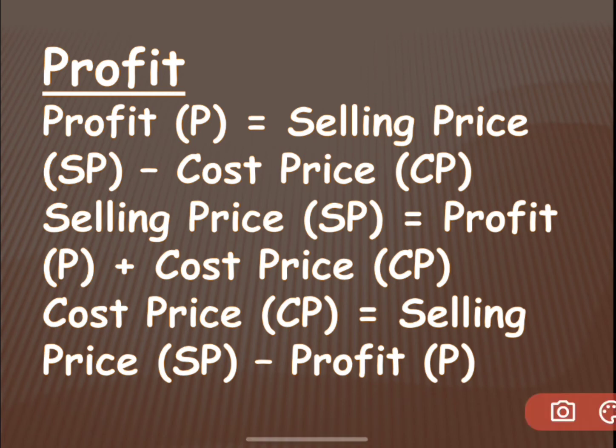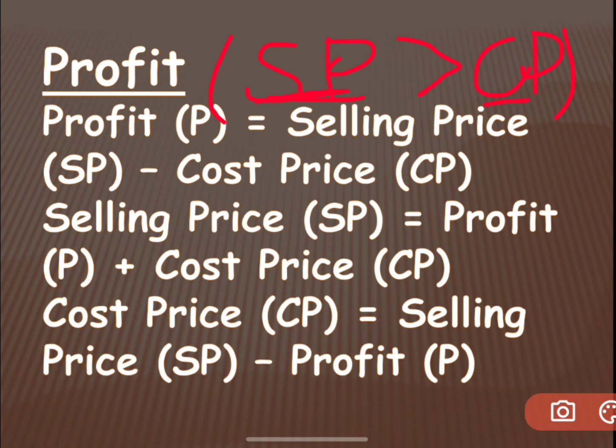When will you get the profit? When selling price is more than cost price. Selling price means the amount you got when you sold that thing. Cost price is the amount you spent on the thing. Okay, children, don't get confused. When the selling price is more than the cost price, then you will get the profit.